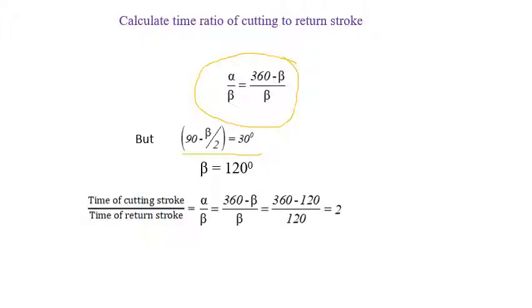After simplifying, beta is equal to 120 degree. Substituting in this equation, the time ratio becomes 360 minus 120 divided by 120. Therefore, the time ratio becomes 2.